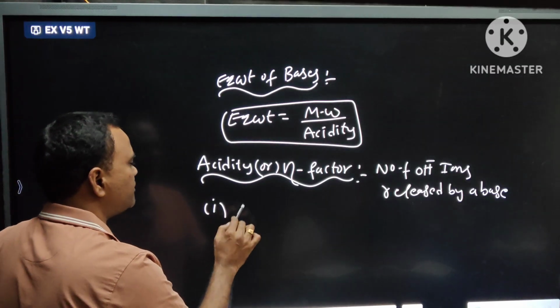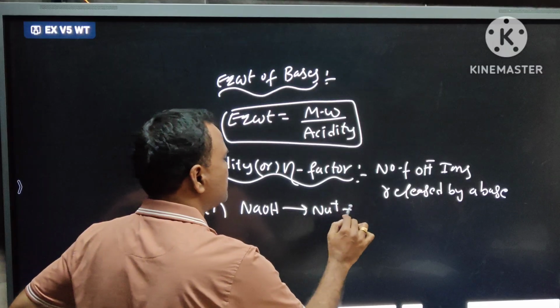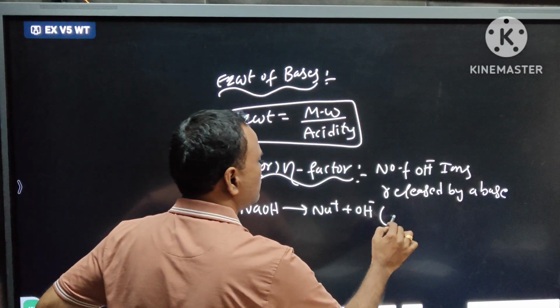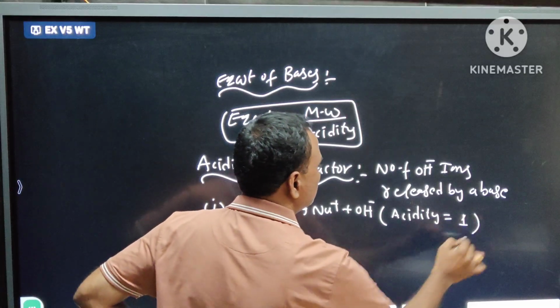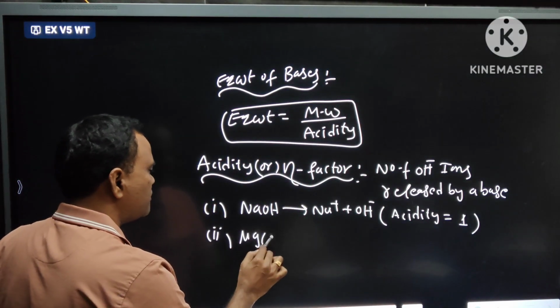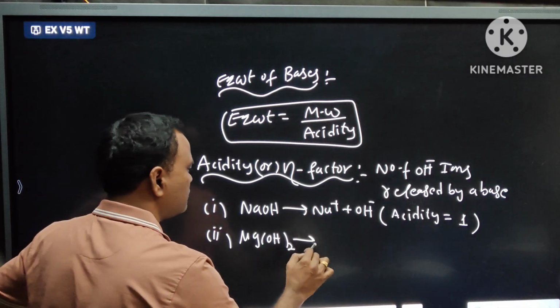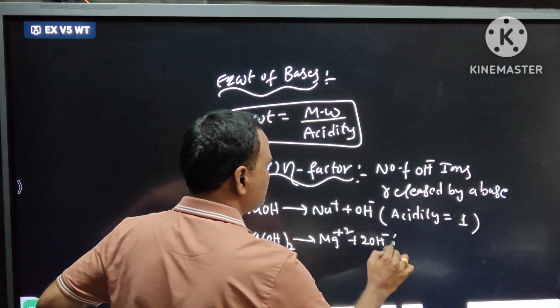Note down some important bases. NaOH gives rise to Na plus and OH minus. How many OH minus ions are releasing? 1. So acidity is equal to 1 or N factor is equal to 1. Magnesium hydroxide: Mg plus 2 plus 2 OH minus. Dissociation is important.